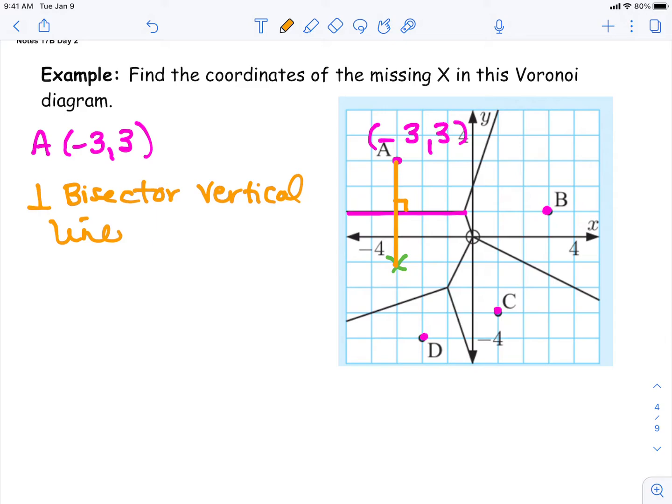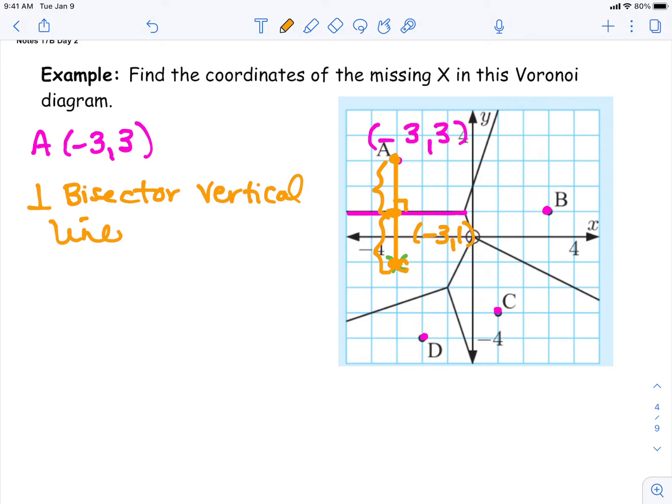Now we want to find the distance from point A down to point X. So that distance is 2 units to that edge, and then 2 units to that next point X. So that midpoint is our edge right here at over -3 up 1.